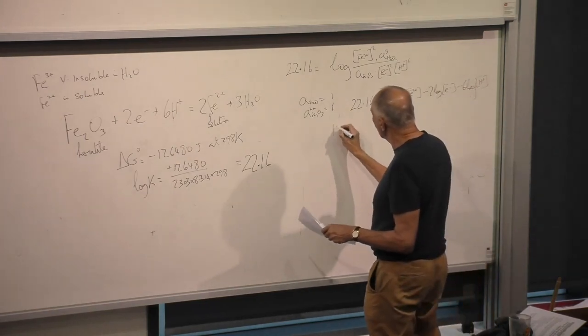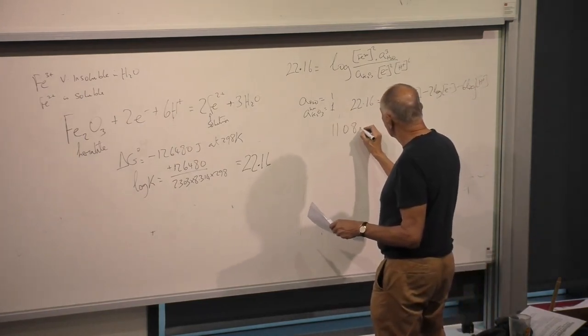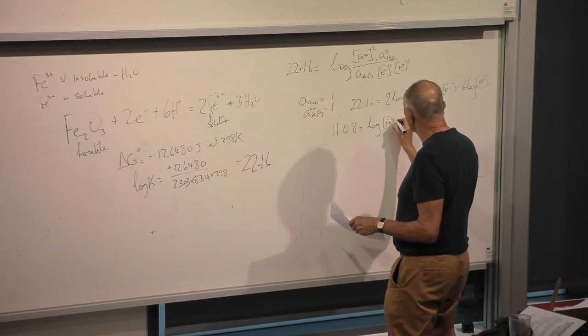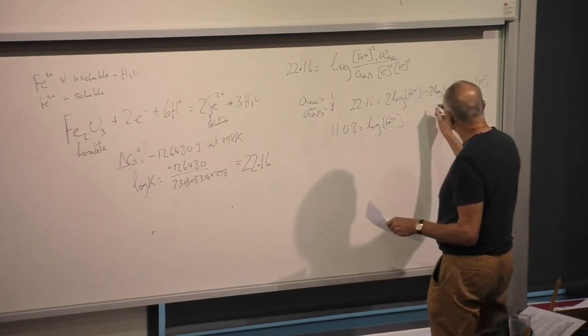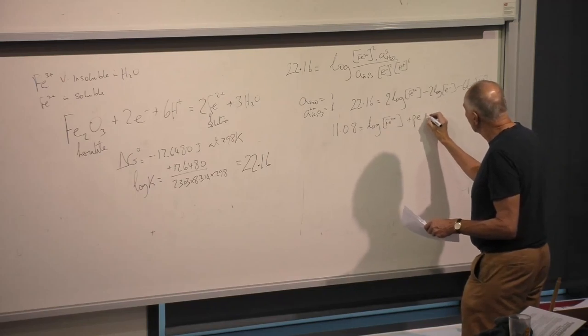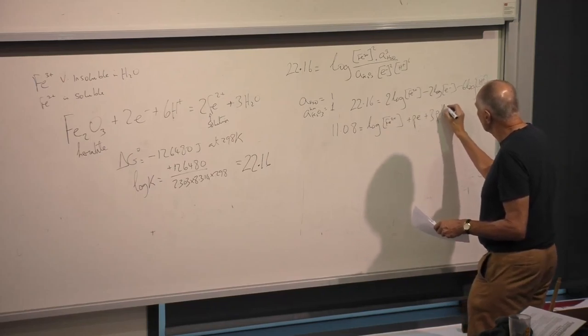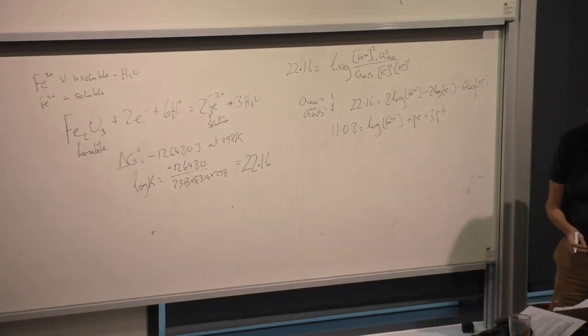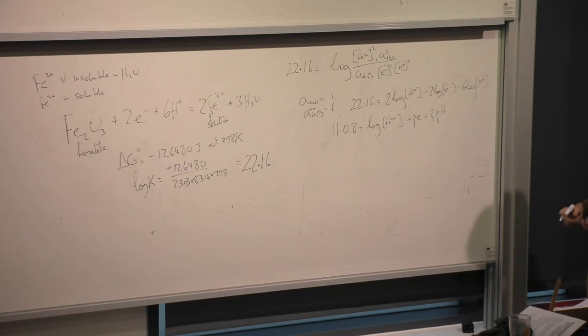So it's 11.08 equals log Fe2+ plus pe plus 3 pH. Okay, divided by 2. So now we've got 3 unknowns, kind of difficult to plot on our pe-pH diagram.